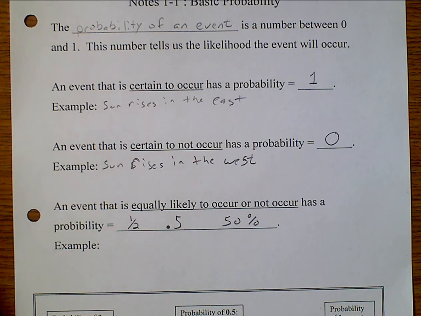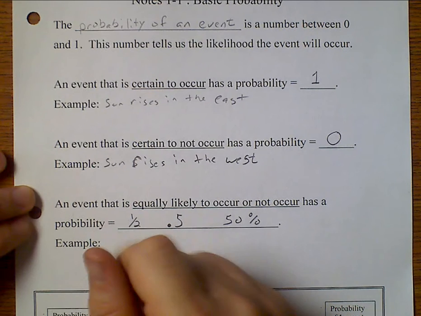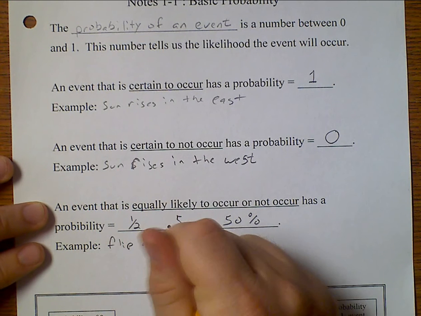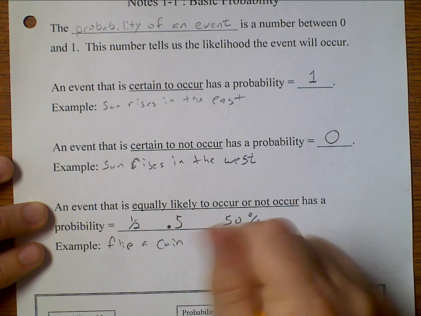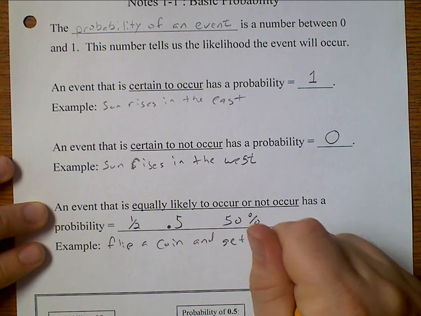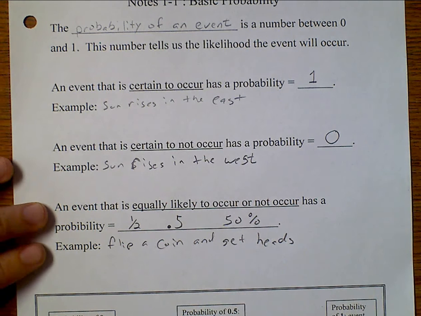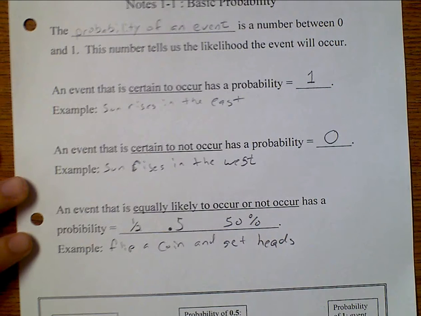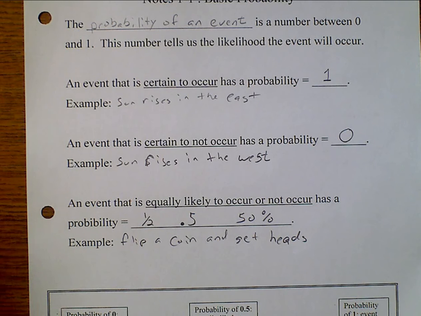An example is that you flip a coin and get heads. So that's equally likely to occur as to not occur. You'll either get heads or you won't, and half the time you get heads and half the time you don't.